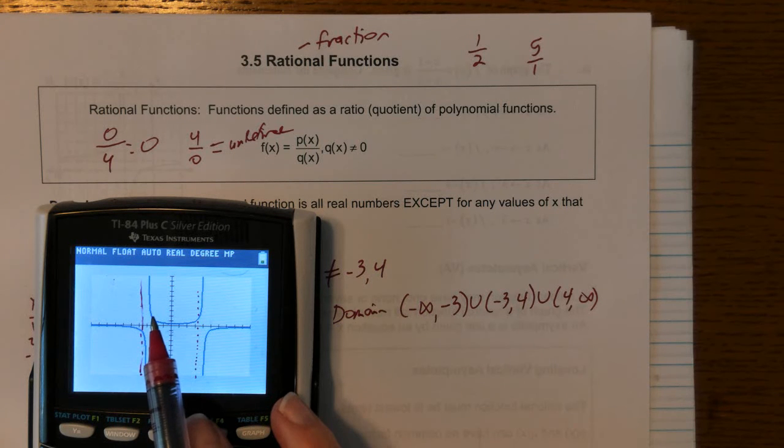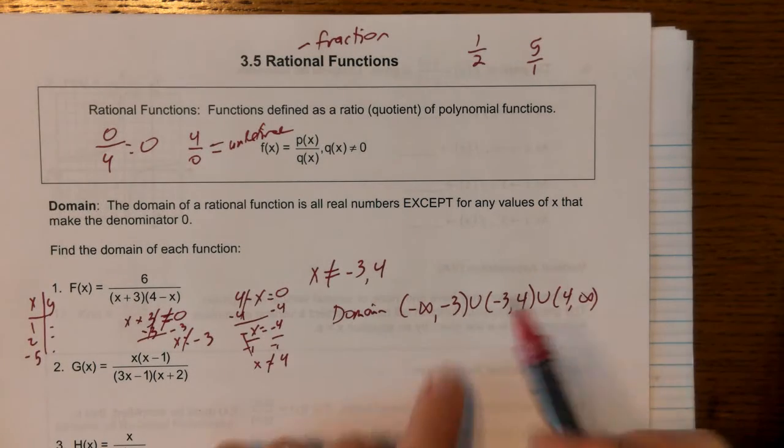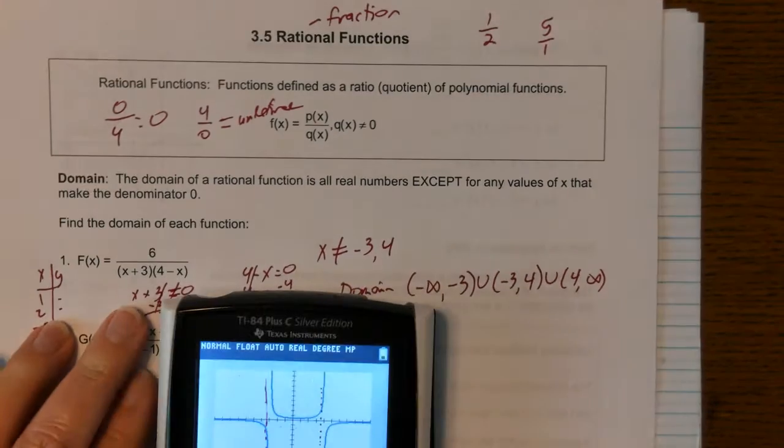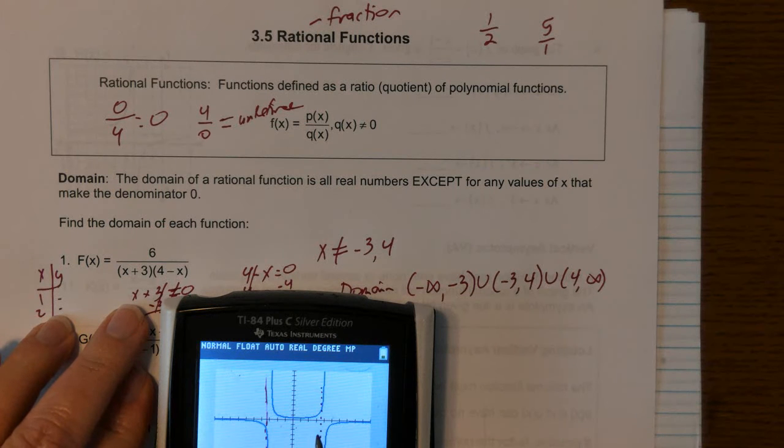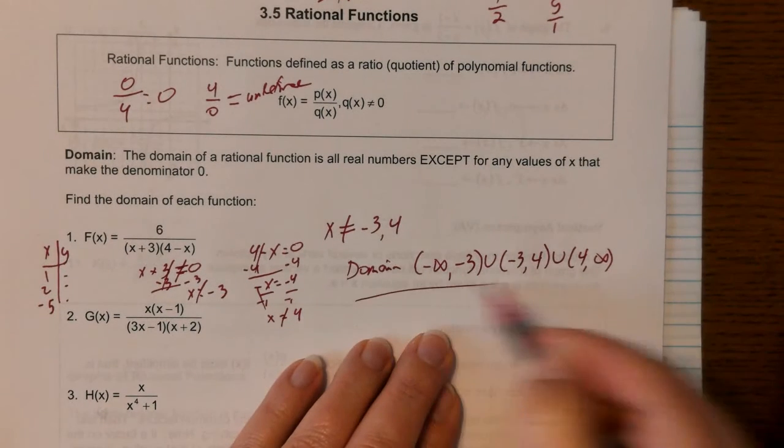Then the graph resumed from -3 to +4. And then the graph had a problem at 4. And then it existed from 4 to infinity. Notice I had to put the -3 first because on the number line, -3 comes before 4. So -∞ to -3, then -3 to +4, then +4 to infinity. So that's our domain.